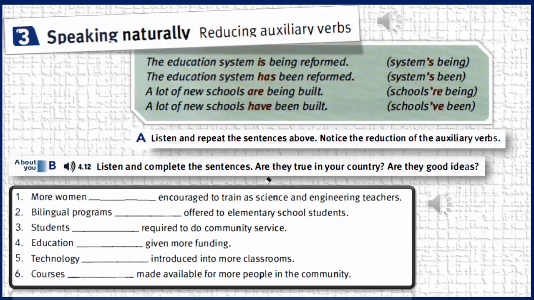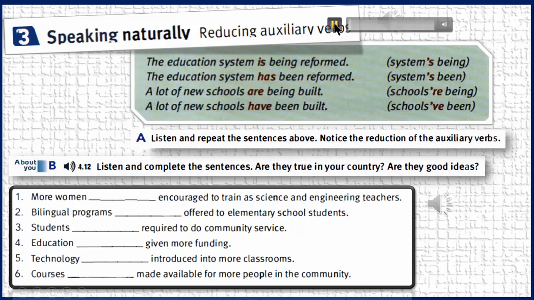You don't have to do this, but it's important that you understand when somebody tells you this. Okay? So let's listen, everybody. Let's listen and repeat. Notice the reduction of the auxiliary verb. Is, are, has, and have. Okay, everybody? Please listen. Listen and repeat. Okay? Here we go.